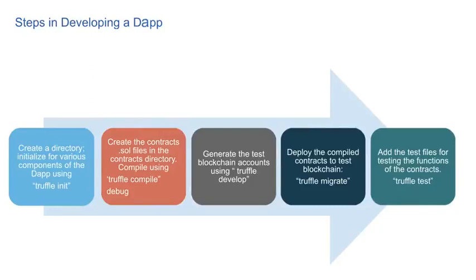Truffle is an integrated development environment, or IDE, that provides a range of features for DApp development, including commands for initializing a template or base directory structure for a DApp, truffle init; smart contract compilation, truffle compile; local test blockchain for testing with a console, truffle develop; migration script for deploying the smart contract, truffle migrate; a test environment for testing the deployed contract, truffle test.